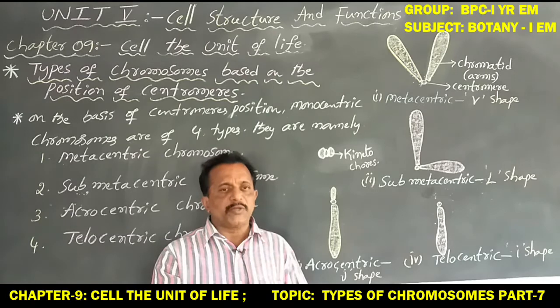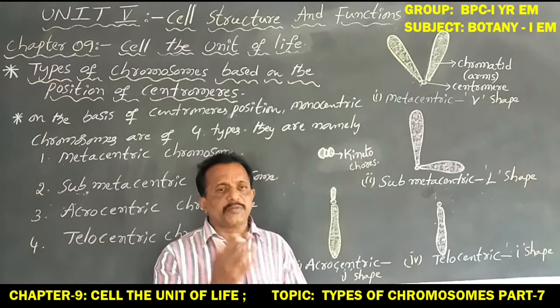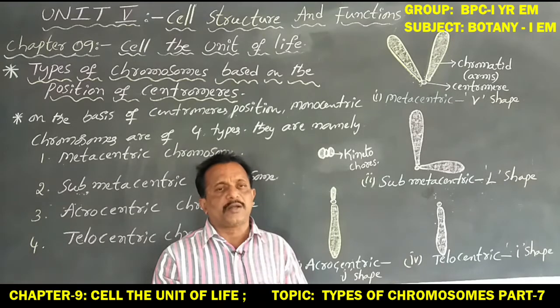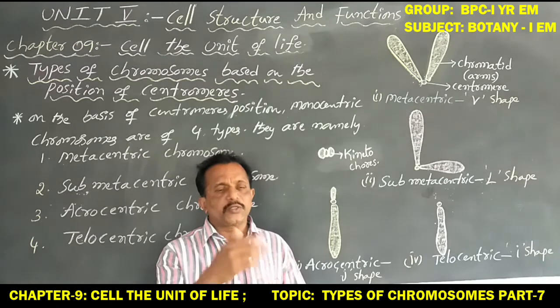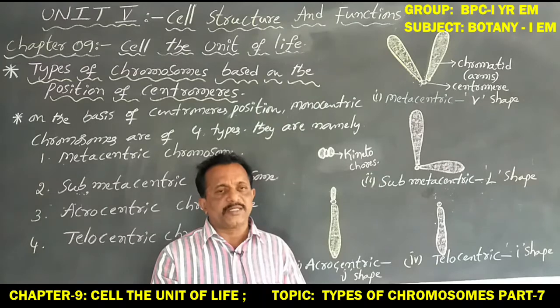In mitosis, the same set of chromosome numbers is transferred from parent to offspring or progeny, and the cells are equal in size.